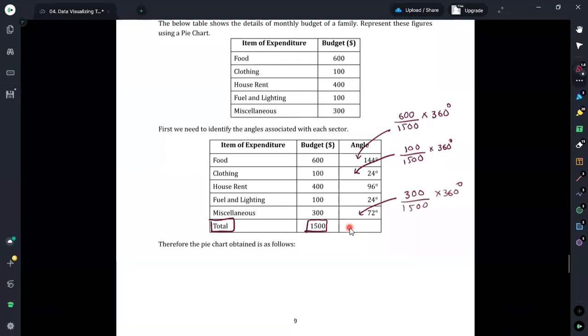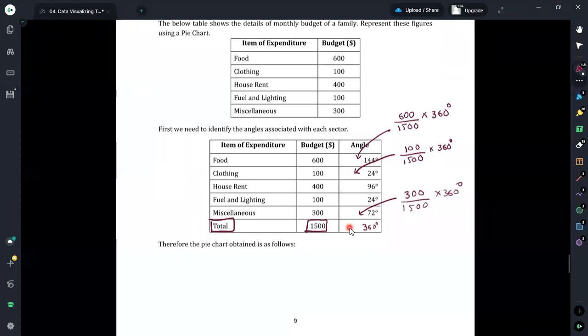Likewise, we can perform the calculation, and if you add all these values, this should be equal to 360 degrees. Generally, we calculate the first four, and the last one is generally obtained using 360 minus the sum of all the others.